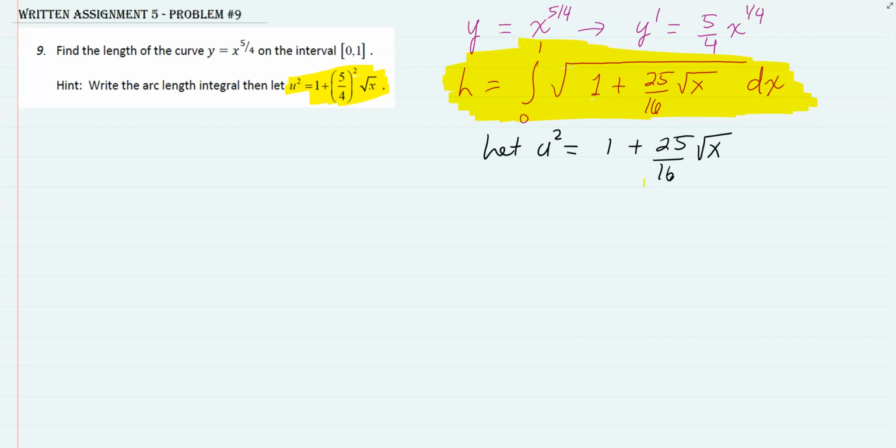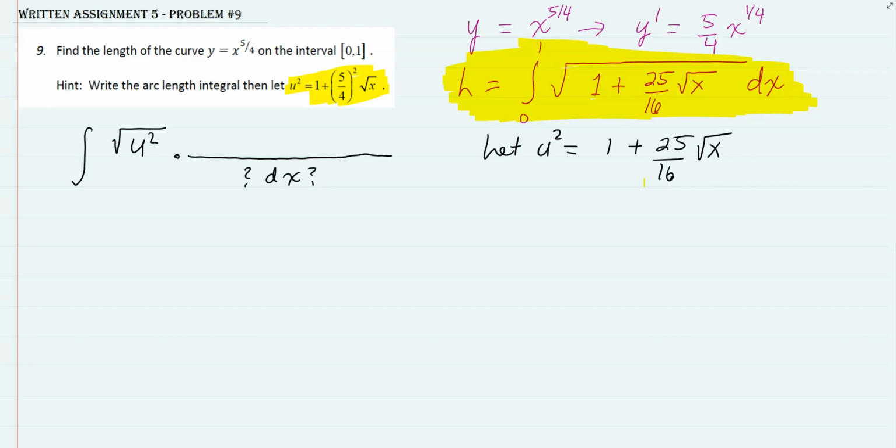So far, we have the integral of square root of u squared, and the question is, what is dx?